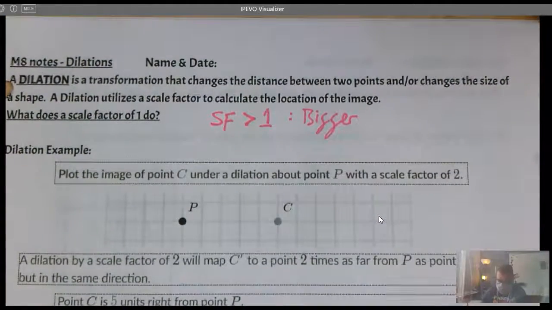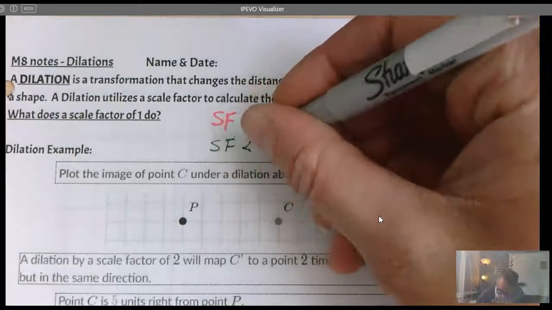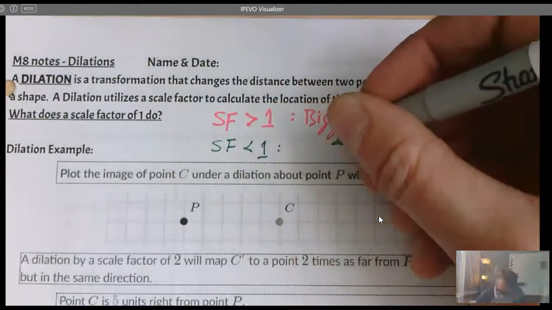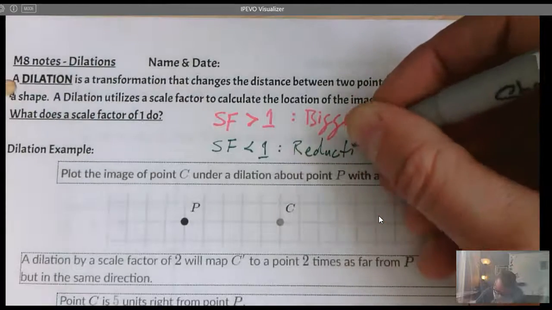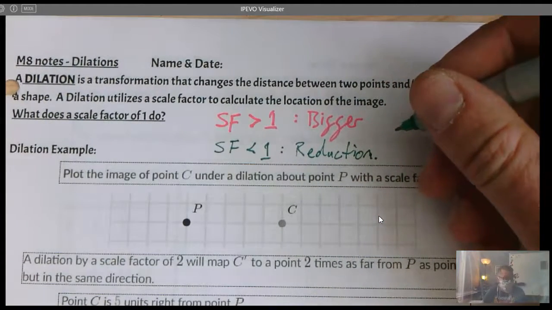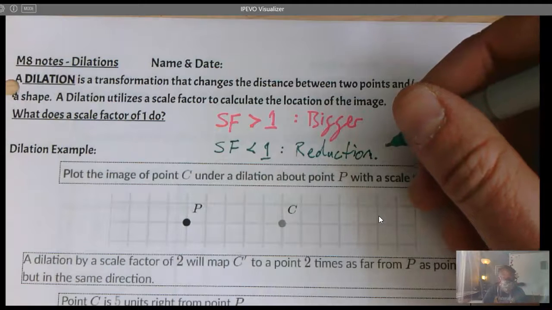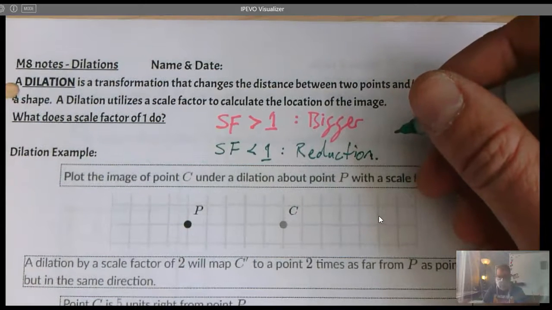And a scale factor less than 1 is a reduction. Both of which are called dilations. So whether we're getting bigger or smaller, these are both dilations.